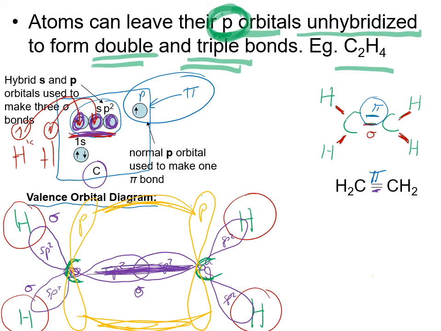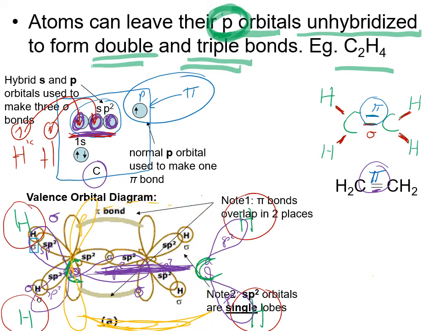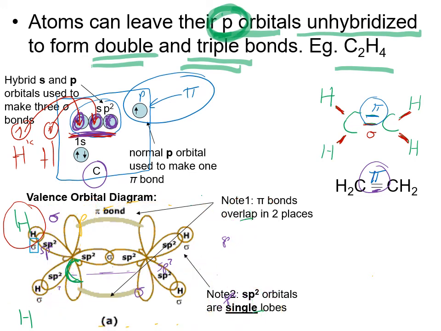This allows them to sort of reach around the one in the middle and still share that pair of electrons, which allows them to form that pi bond. There's a messier diagram, especially when they're on top of each other. So again, the pi bond overlaps in two places.